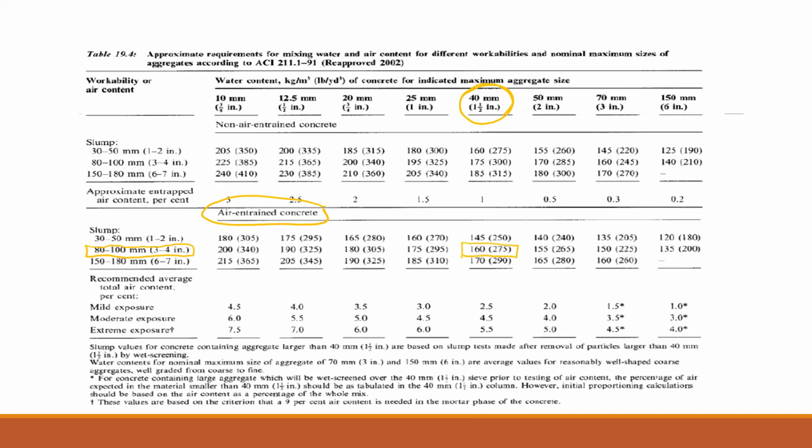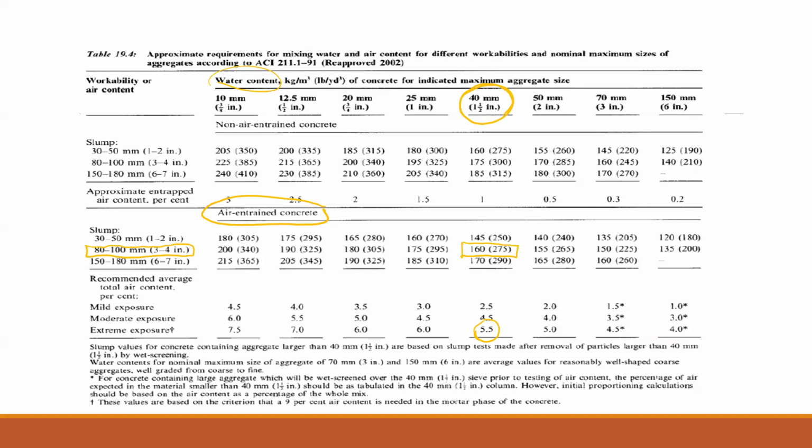So this is for water content. And also we can find out the amount of air entrainment we need to have, which we already found as 5.5%. Here also it is mentioned as 5.5%. Any question?